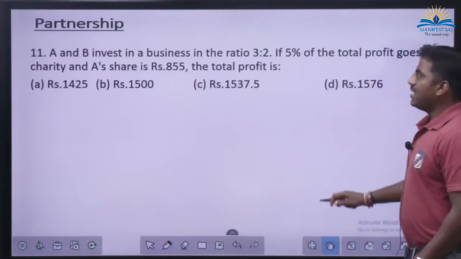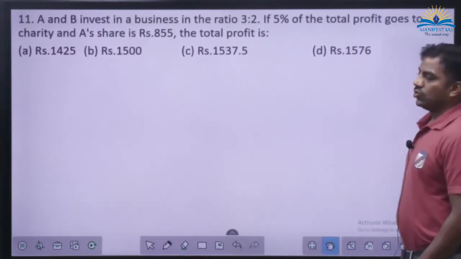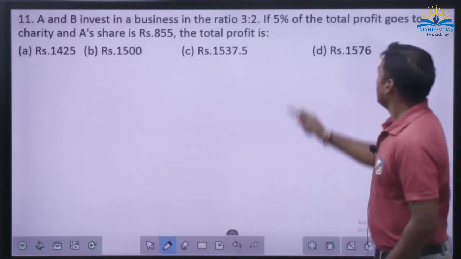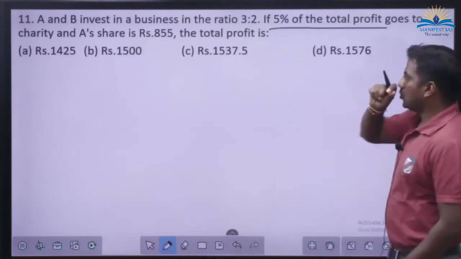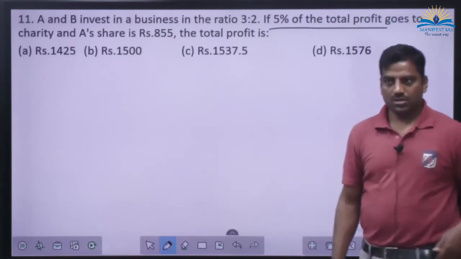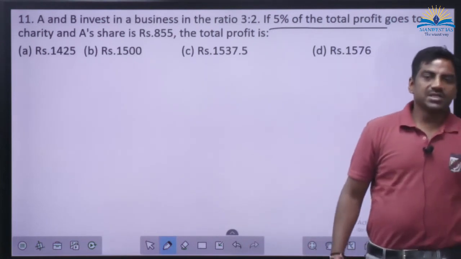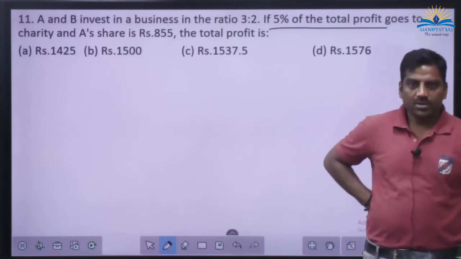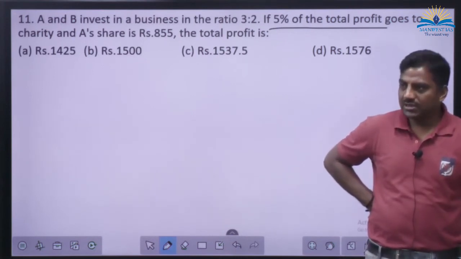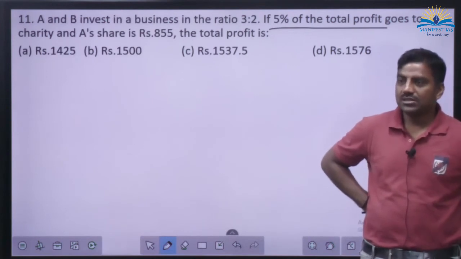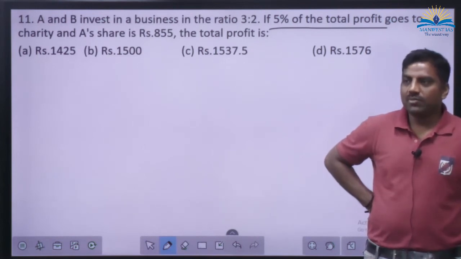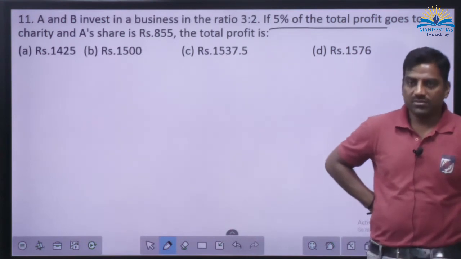A and B invest in a business in the ratio 3:2. If 5% of the total profit goes to charity, do you calculate the share in the profit before deducting this 5% or after deducting it? Let's say your firm has made some profit and out of that you are giving some to charity.